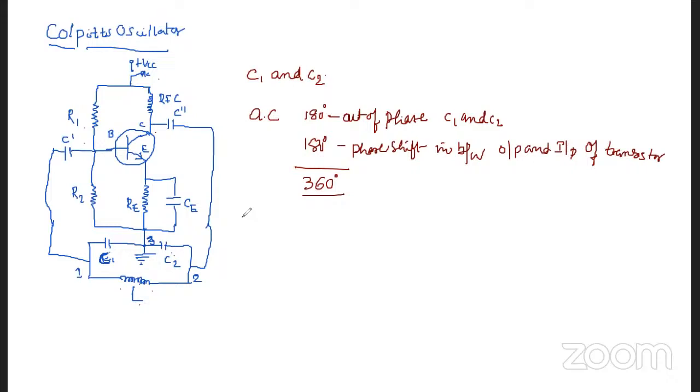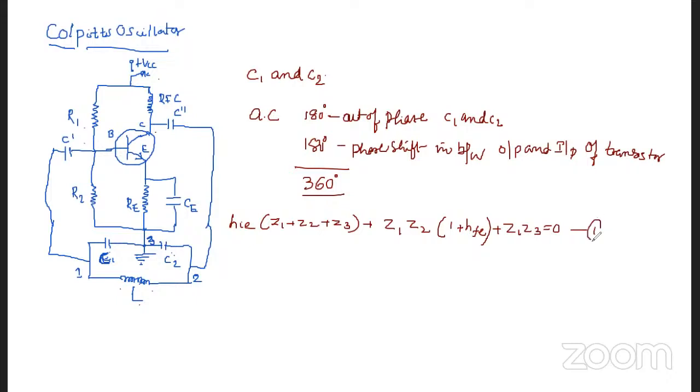So we are going to get this equation, which is in the form of HIE. We are writing the H parameters: HIE into Z1 plus Z2 plus Z3, plus Z1 Z2 into 1 plus hfe, plus Z1 Z3 is equal to 0.